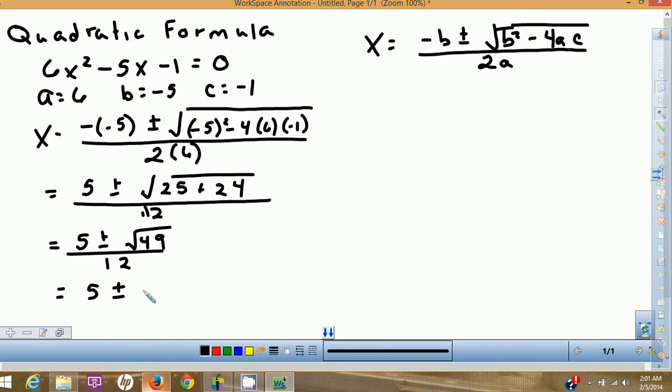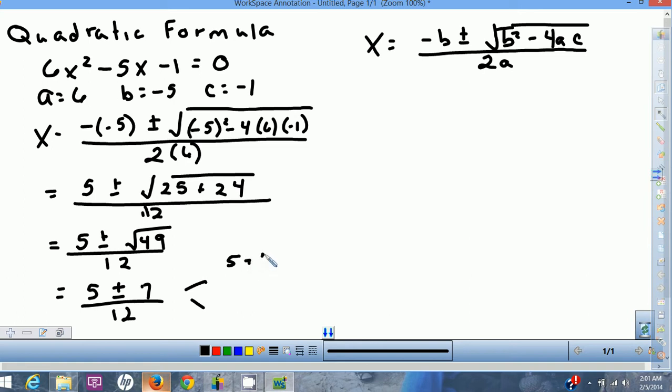So now I've got two solutions to this problem, so let's write them both separately. I have 5 plus 7 over 12, which is 12 over 12. 12 over 12 is equal to 1. That gives me an x-intercept of 1, 0. So my first solution here is the quantity 1, 0. The second solution is going to be given by 5 minus 7 over 12.